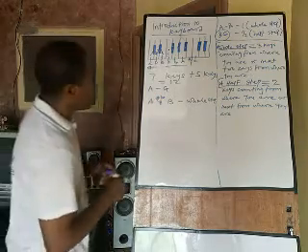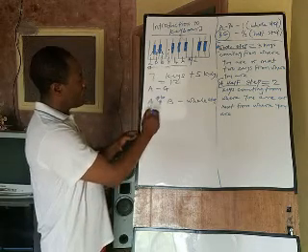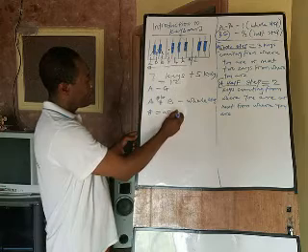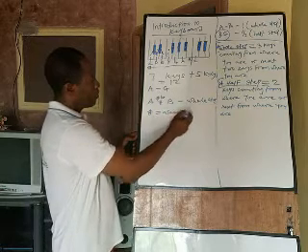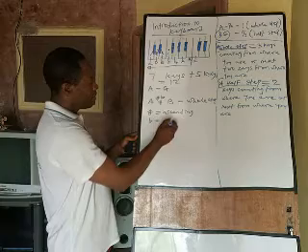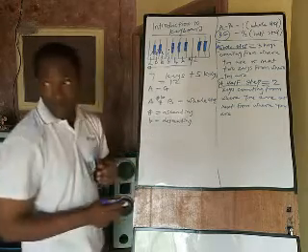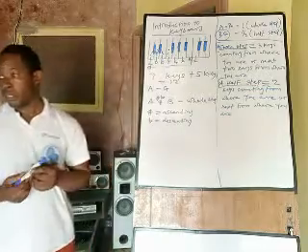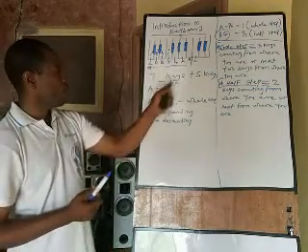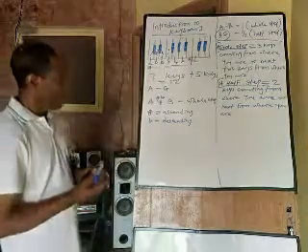We use sharp when we are ascending, and flat when we are descending. Ascending means going up, descending means coming down. So sharp is used when going up, while flat is used when coming down.